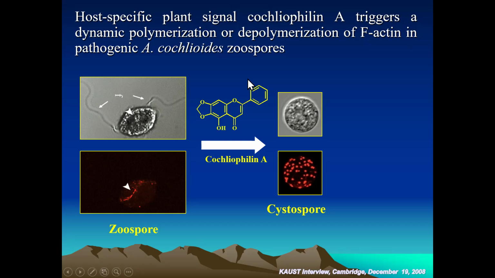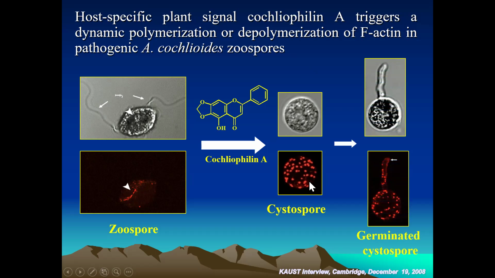You see a signaling molecule, cochliophilin A, from the host of Aphanomyces cochlioides, triggers polymerization and depolymerization of cytoskeletal protein of zoospore. That means plant signal and oomycete spore interact and form the cystospore. And cystospore cannot enter into the plant tissue. This is why it germinates and forms the germ tube. When the germ tube develops, actin filaments again appear and then penetrate into the tissue.